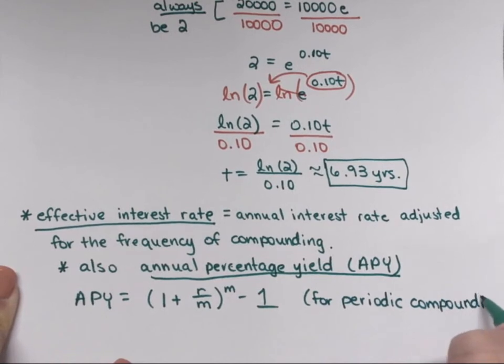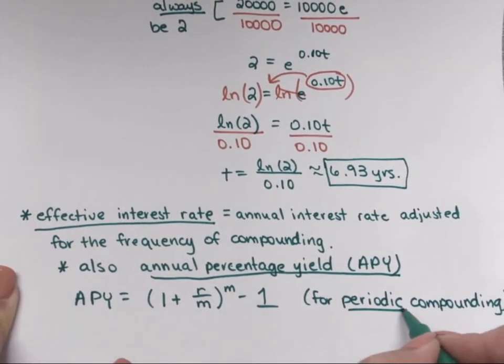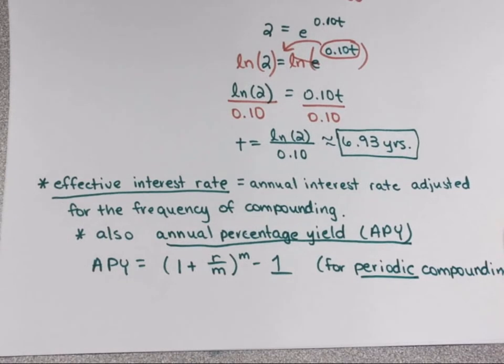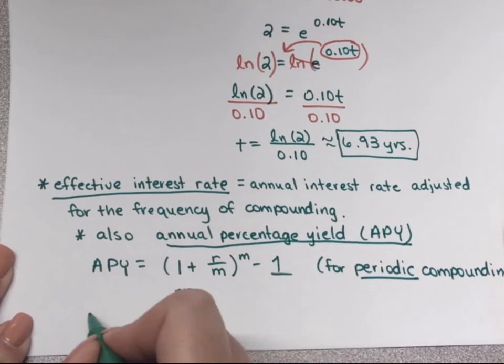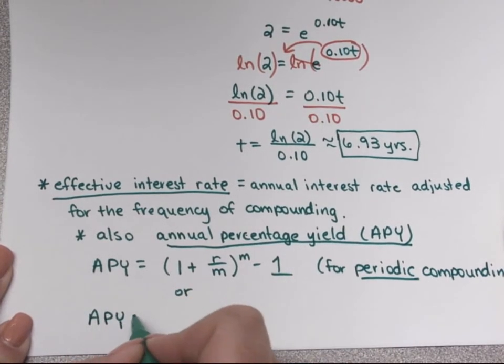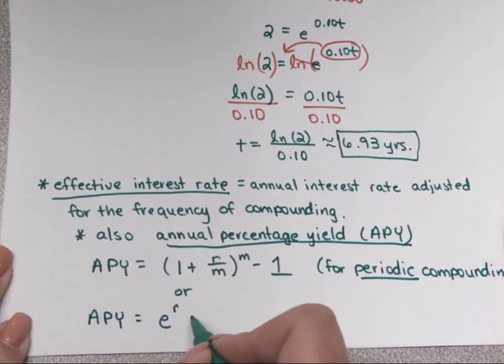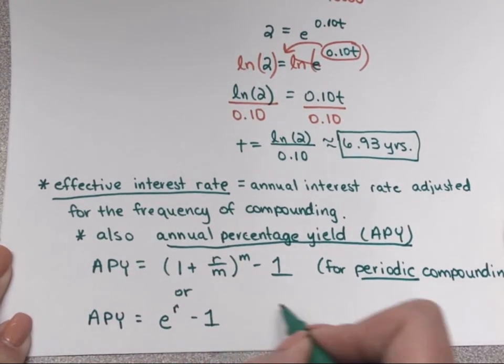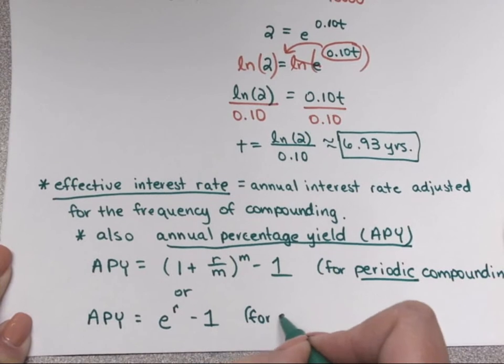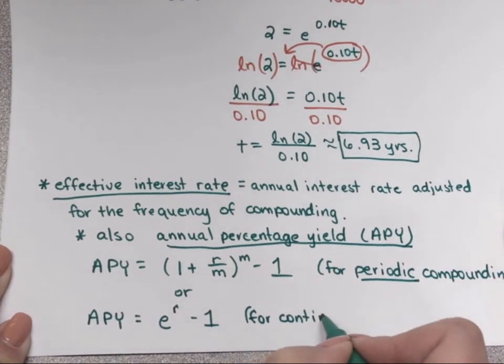Like on a regular time schedule, right? So it could be monthly, but it could also be things like what? Quarterly or annually or anything like that, okay? Or if you're compounding continuously, there's another one, and not surprisingly, it uses e, but it's just e^r - 1. So this is for continuously compounded.